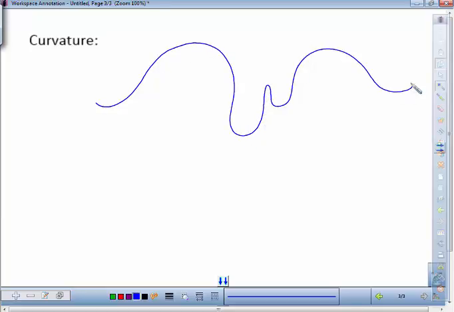So if you look at a curve, this is just some random curve. We can take a look at some points here. Let's sample a couple of points. Let's sample this one, looks interesting, and maybe this one over here, and maybe this one over here.